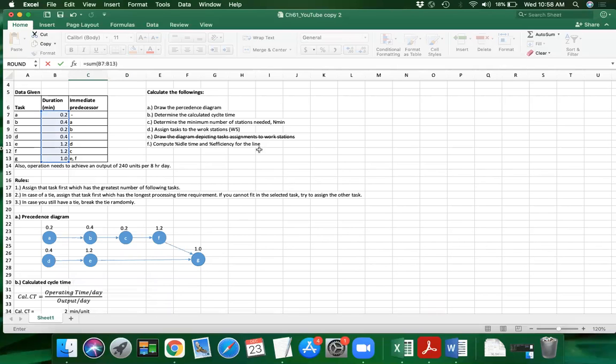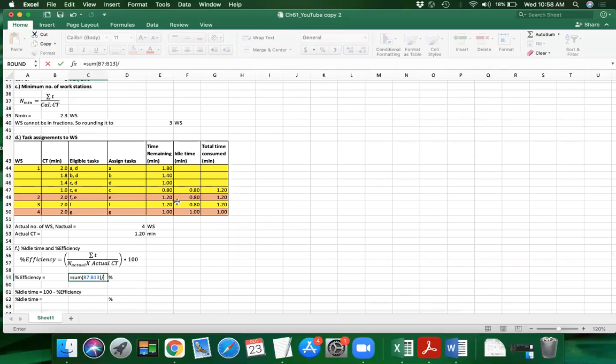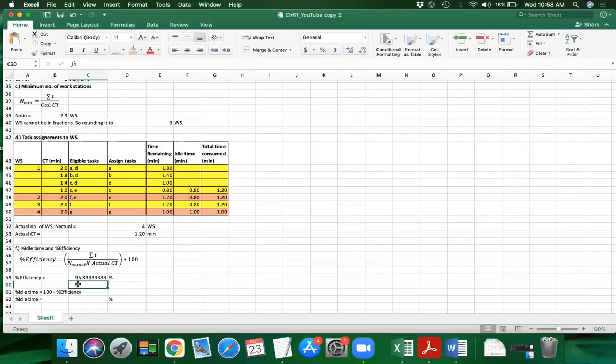And then I would divide it by 4 times 1.2, and then the whole thing we have to multiply by 100, because we need that in percentage. Make sure you provide the opening parenthesis as well. So that gives me 95.83%. So line efficiency is 95.83%.